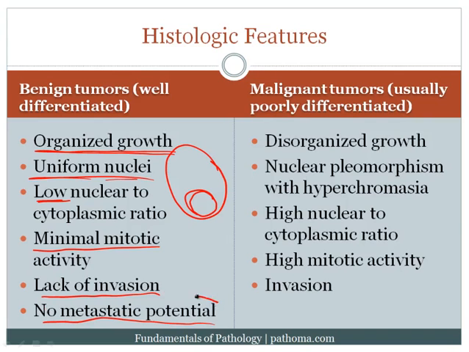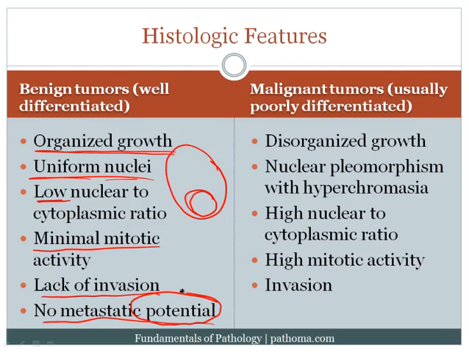And again, this word potential is important because when a biopsy is performed and I see a certain pattern and I call that, for example, a benign tumor, like in the breast, I call that a fibroadenoma. I know that fibroadenomas don't metastasize historically in all the patients that have had fibroadenoma. And that's what makes it benign. And so it has no metastatic potential in the patient who's now developed a fibroadenoma as well. So those are some histologic features of benign tumors.